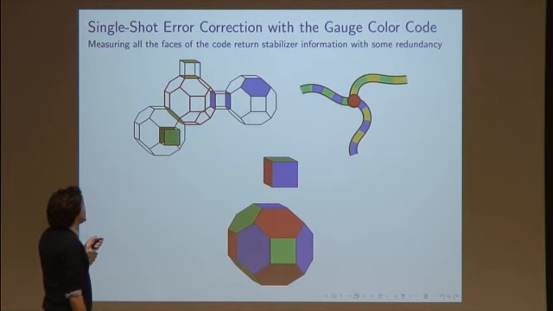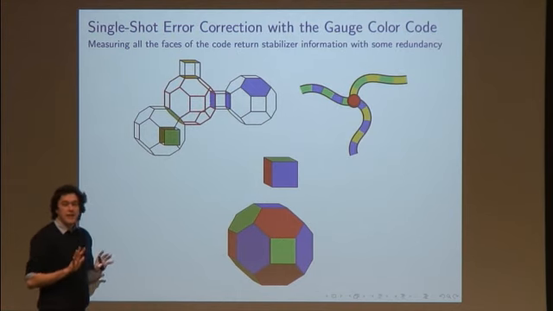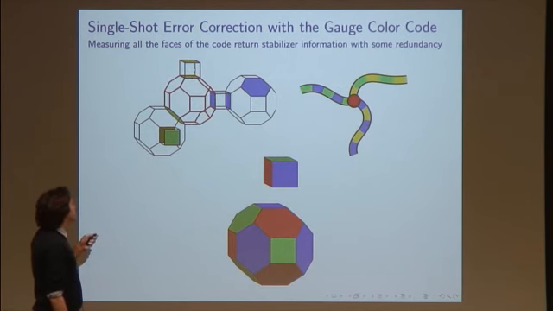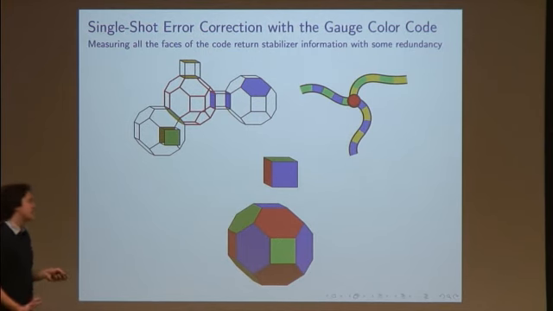So what that means is there's got to be at least one of every subset of the different colored faces that has to be -1. Here's one in the blue subset, here's one in the yellow subset, and here's one in the green subset. Because that had to be -1, if you then look at the cells next to it, let's look at this one, this one had to be +1. So there's another cell that has to compensate. This cell is -1, and the product of all the blue face operators has to be +1.